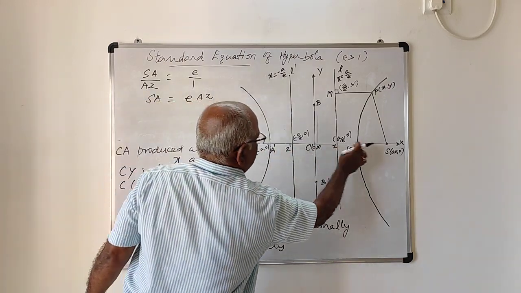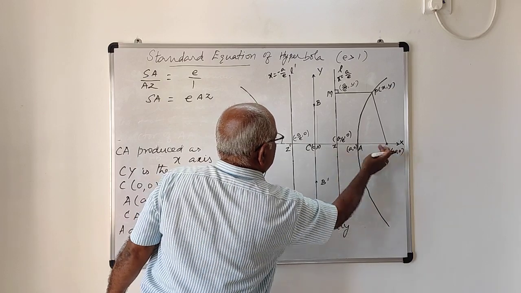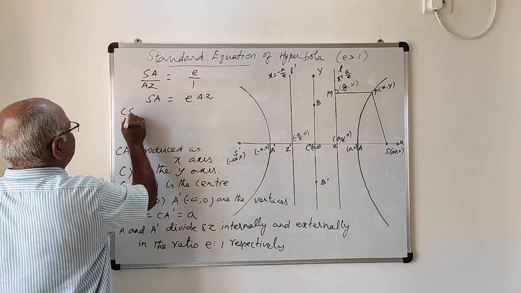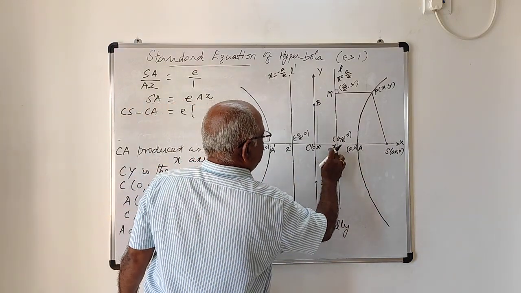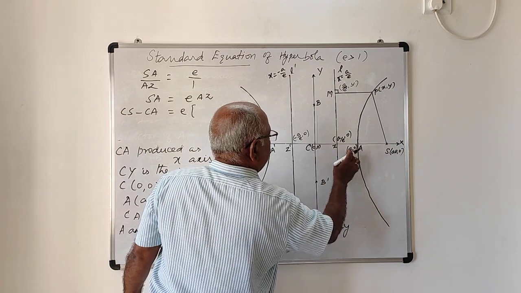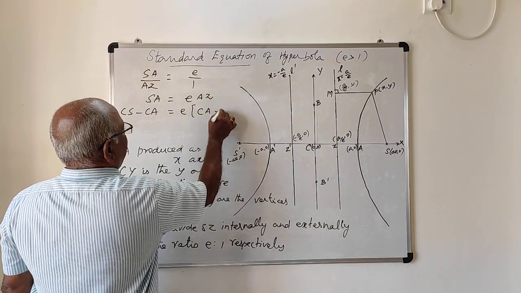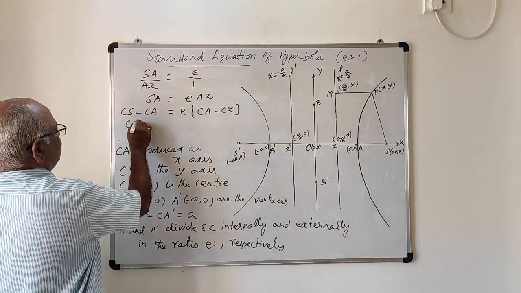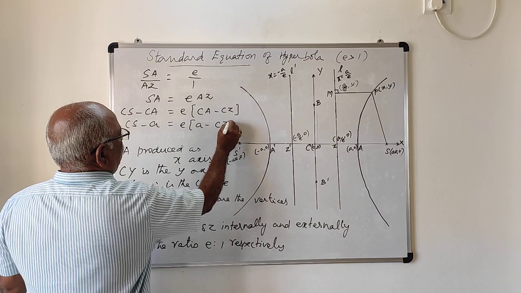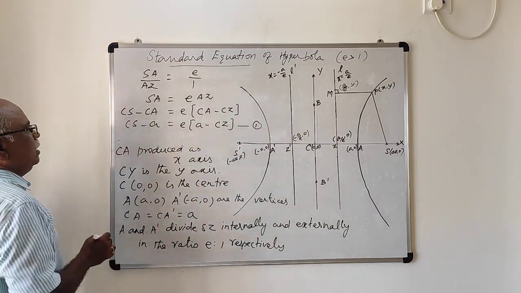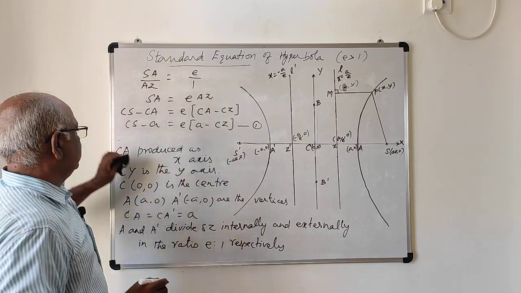SA is CS minus CA, which equals e into AZ, and AZ is CA minus CZ. CA is a, so CS minus a equals e into (a minus CZ). Consider this equation 1.